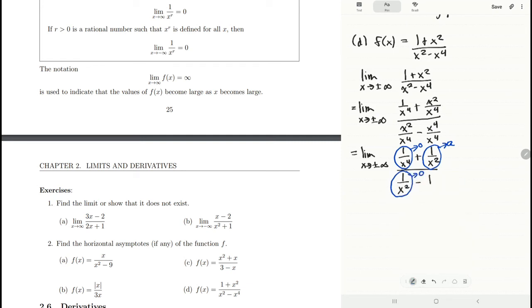So what we have is 0 plus 0 divided by 0 minus 1, which gives us 0. And since the limit goes to a finite number, we can conclude that the line y equals 0 is a horizontal asymptote. And it will be a horizontal asymptote in both the positive and negative direction.